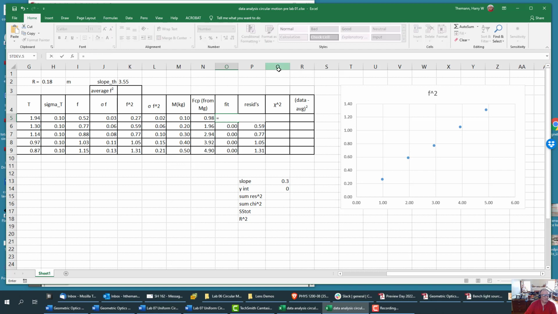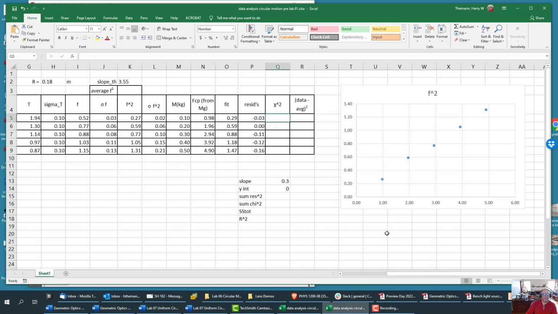That's a leftover. This equals the slope, and we need f4 times the y value, which is FCP, plus the y-intercept, and f4 again, of course. And now we've got a fit line, we've got residuals, so it's already there. You got lucky I didn't clear this for you.